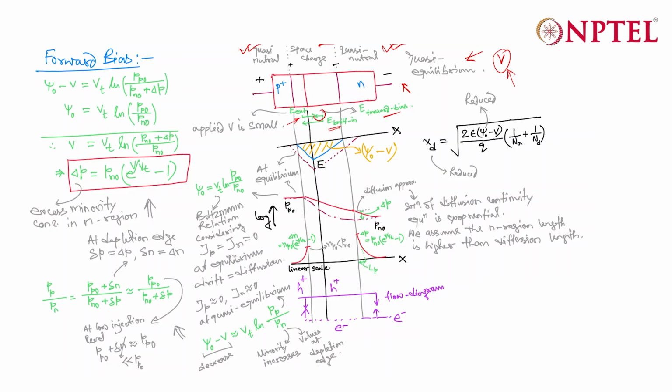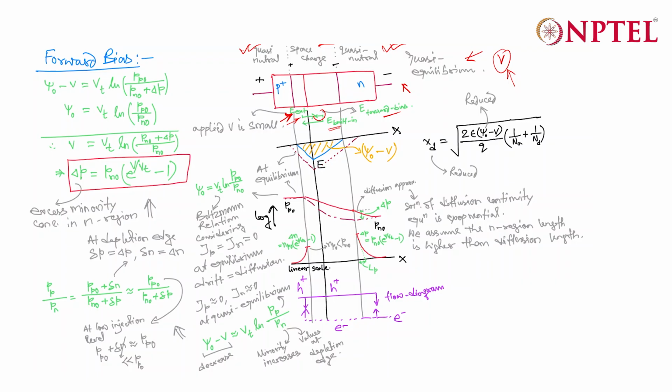Now, in such a situation, you will find that your depletion width, that is the width of the space charge, will shrink because now you don't have a built-in electric field which is as high as the equilibrium condition. So some portion of your built-in electric field will be nullified by the electric field due to external voltage, that is the E external, and that's why there will be a shrink in the space charge region.